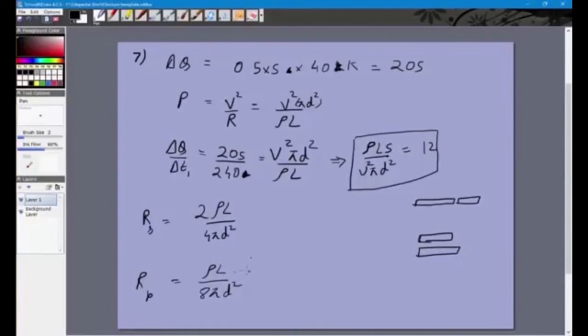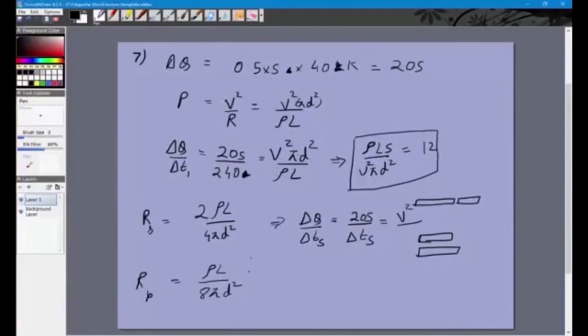Now we need the time taken to raise the temperature by the same amount, so delta Q will be the same, and that means delta Q by delta T s will be 20S by delta T s, which has to be equal to V squared by the resistance.